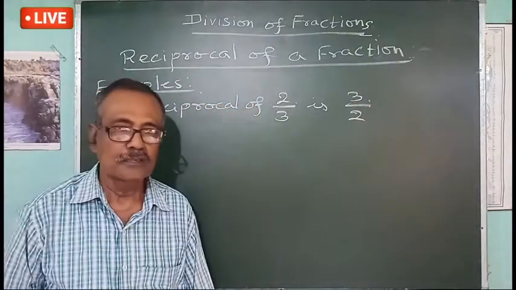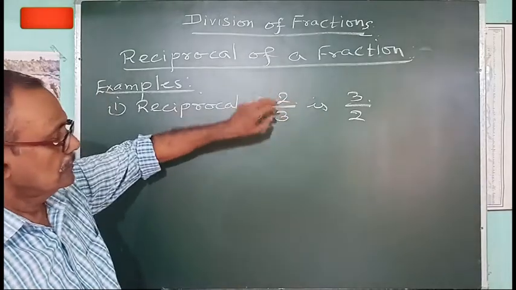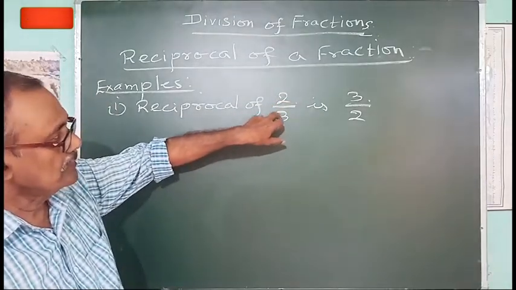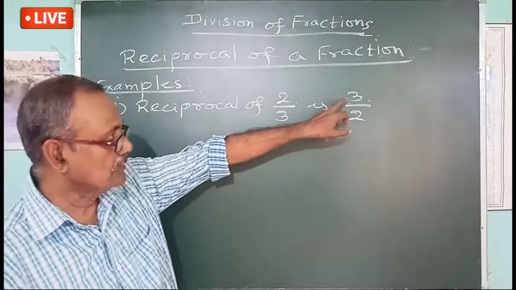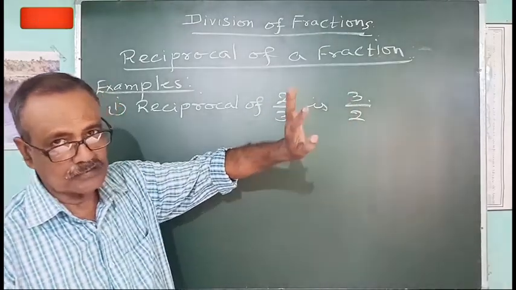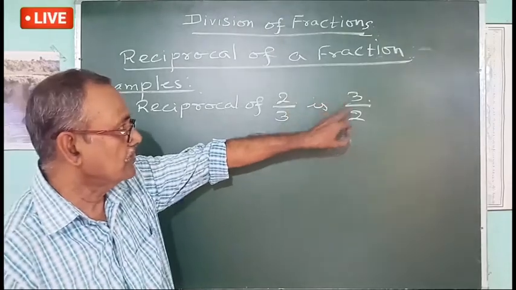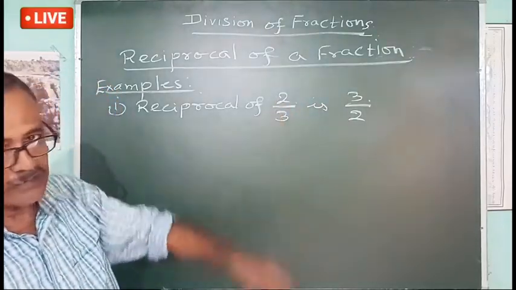Just invert. Bring this denominator to numerator and numerator to denominator. So this becomes the reciprocal. So 3 by 2 is the reciprocal of 2 by 3.